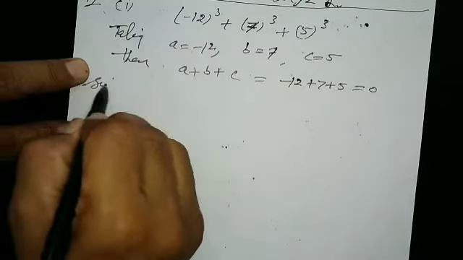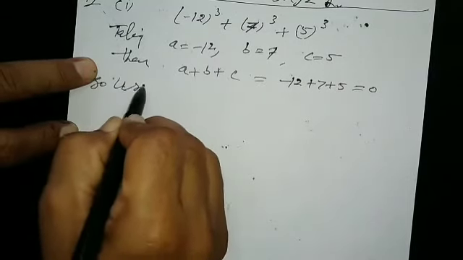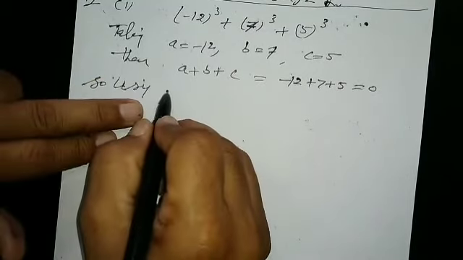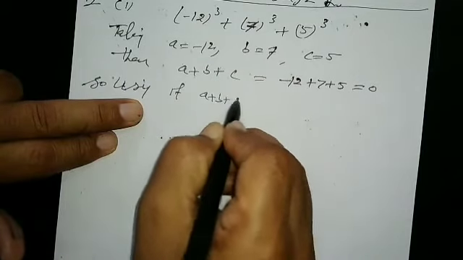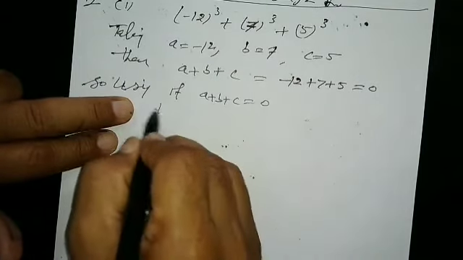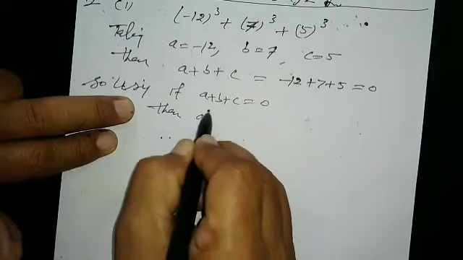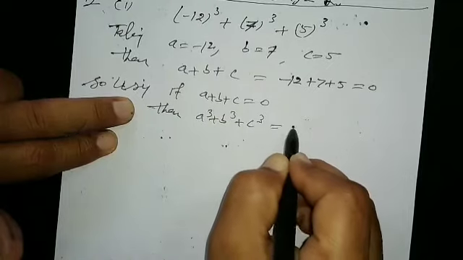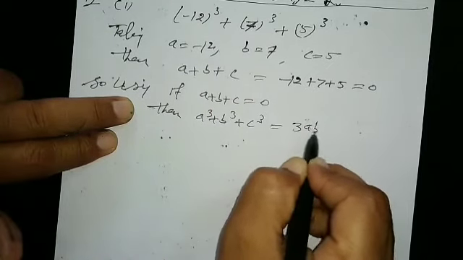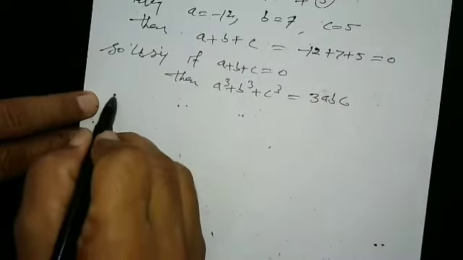So using, if a plus b plus c is equal to 0, then a cube plus b cube plus c cube is equal to 3abc.